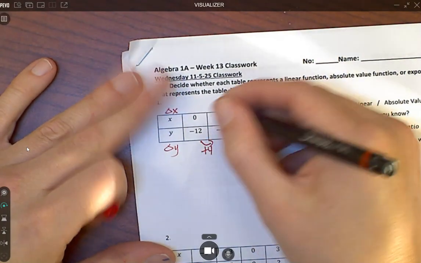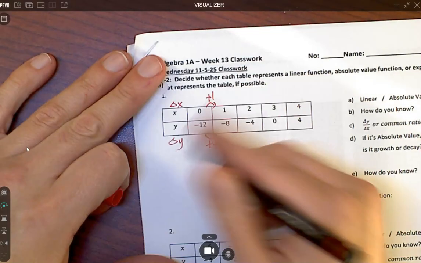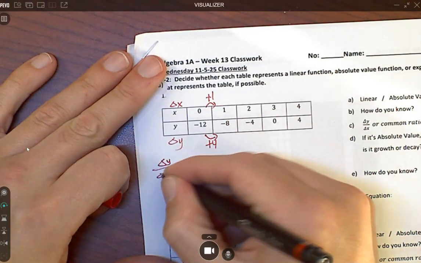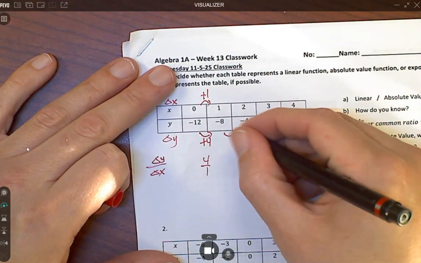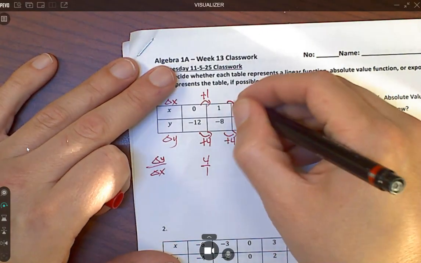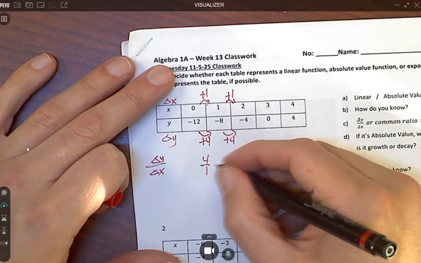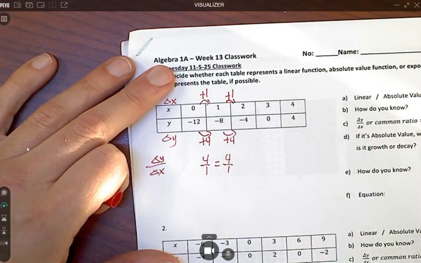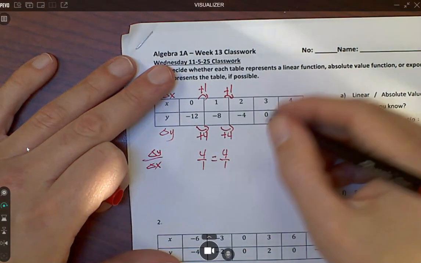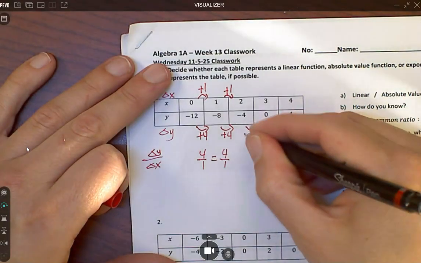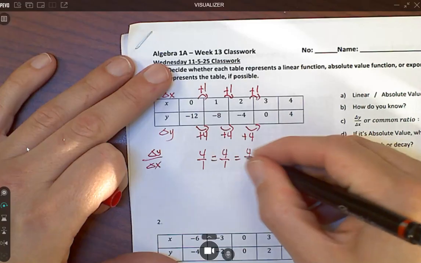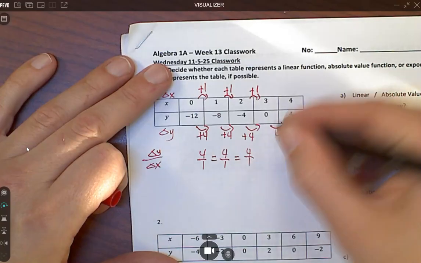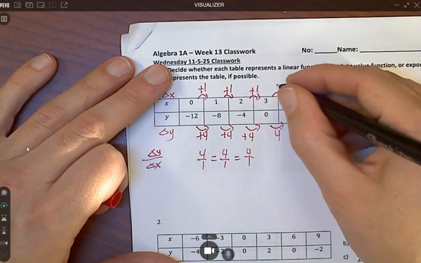Plus 4 over plus 1. Up 4, up 1. Changing y over x. Those are equal. Went up 4, up 1. Up 4, up 1.